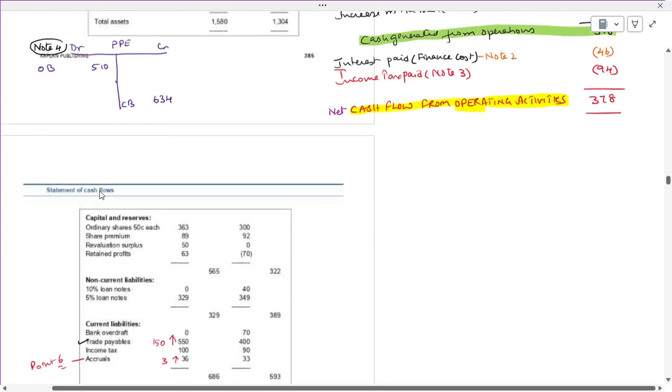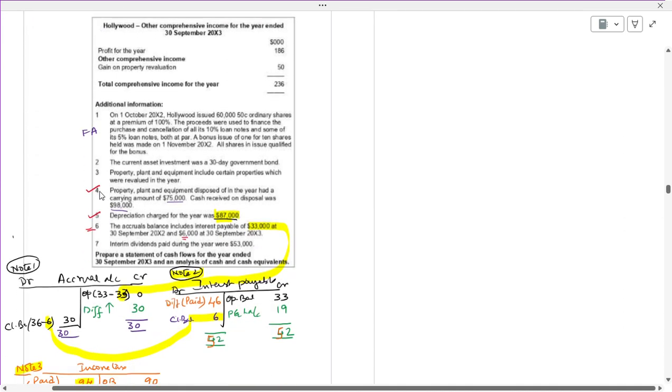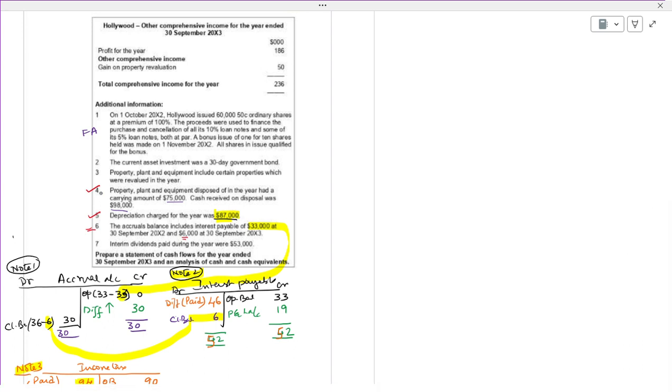Now, you go one by one. In the note, what have they said? They have said that they have sold it. Point number 4. They have sold it for 75,000. They have sold it for 75. If they have sold it for 75, does the asset decrease or increase? Decrease. You are selling the asset.